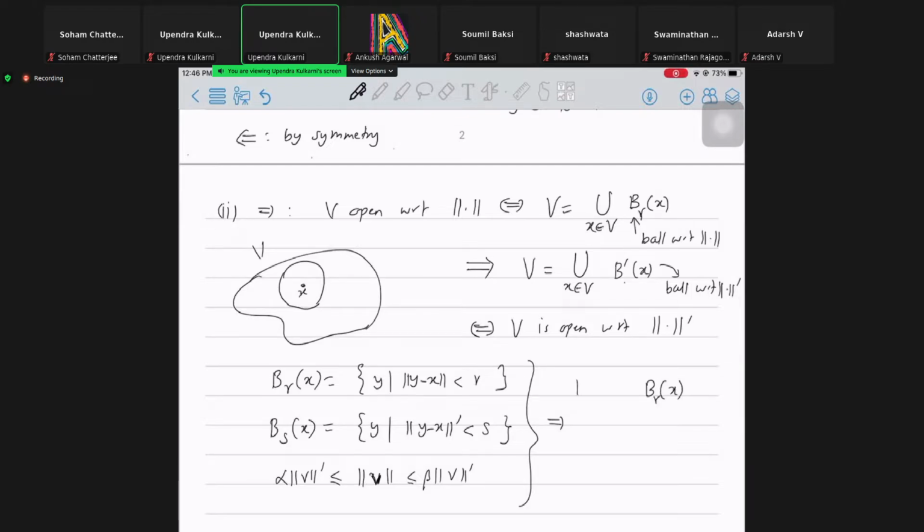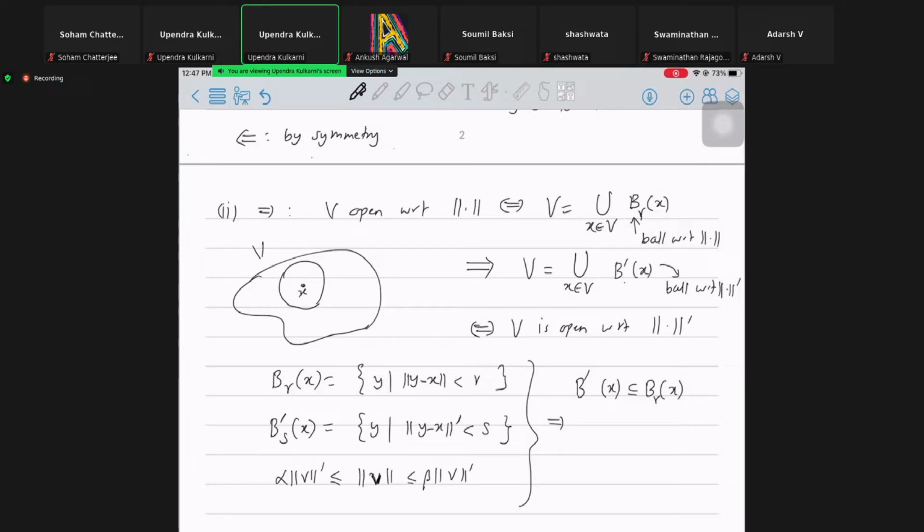Does this contain some ball B prime? Oh, sorry, this is B prime because I'm using the prime now. Does this contain some ball of radius alpha R? Is that true? Just check.